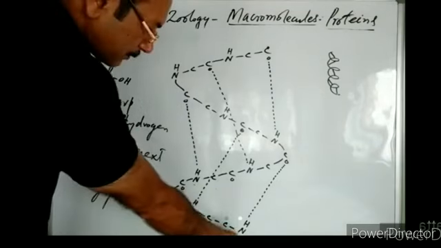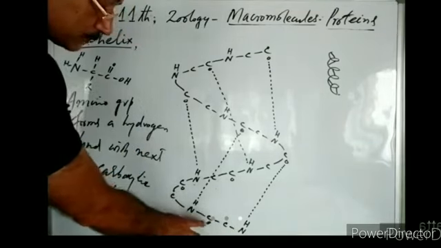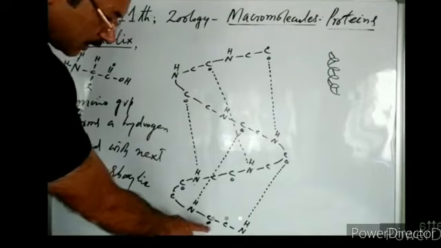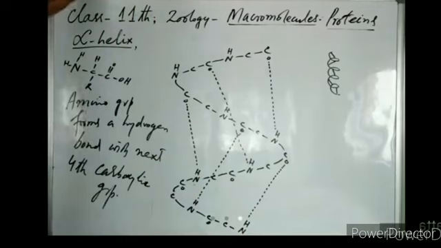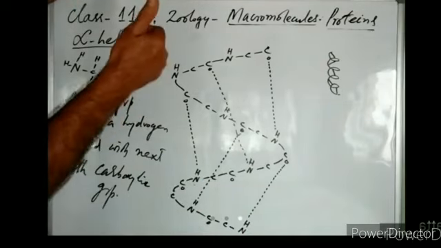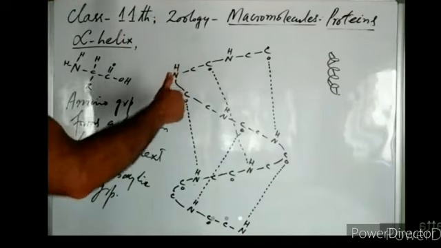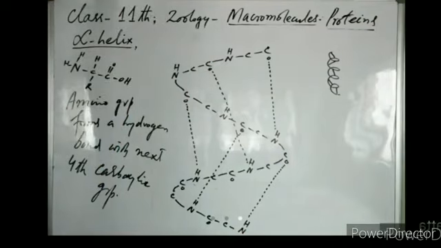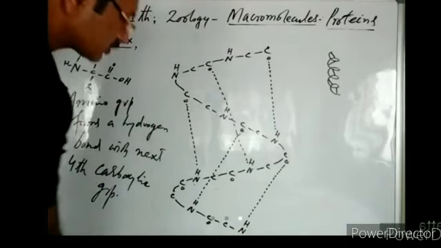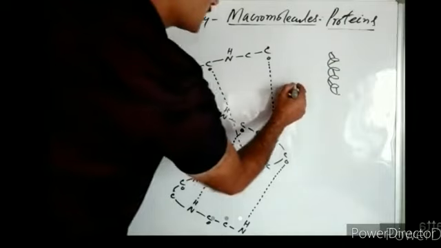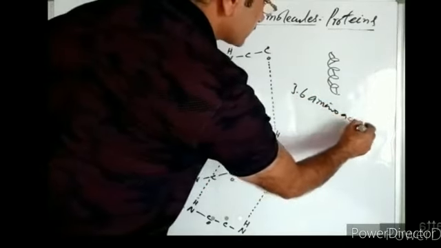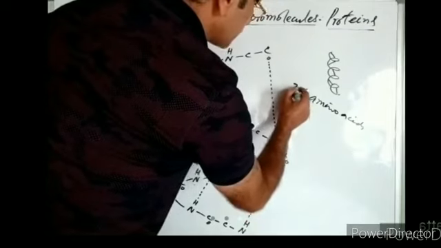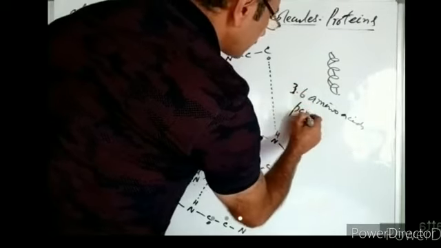First carboxyl group, second, third, fourth carboxyl, right? So in this way, it assumes a helical form, and this helical form is known as an alpha helix. In this alpha helix, there are approximately 3.6 amino acids per turn.